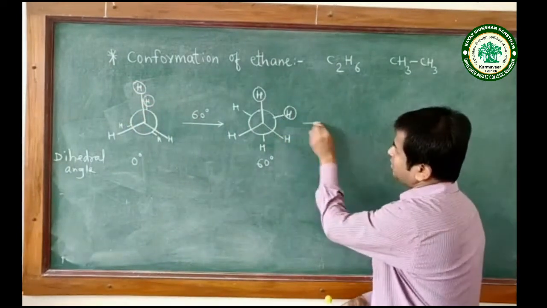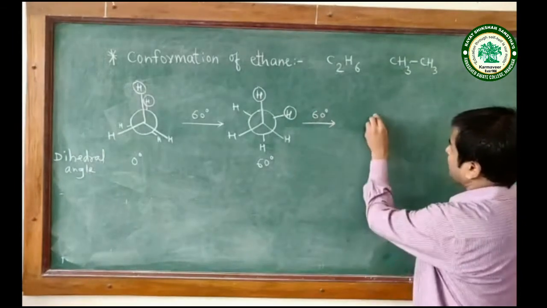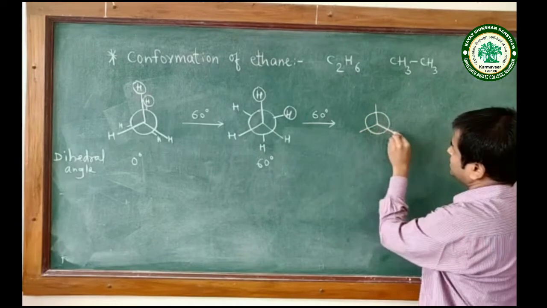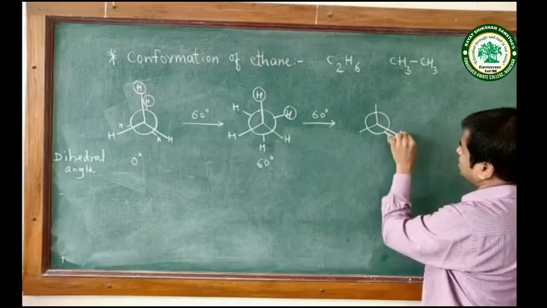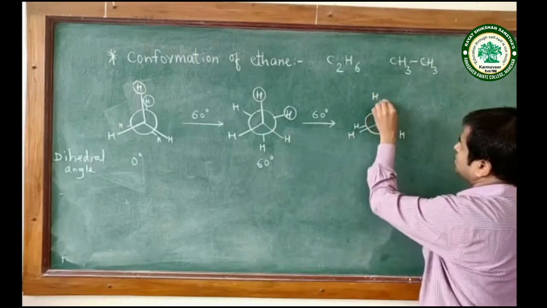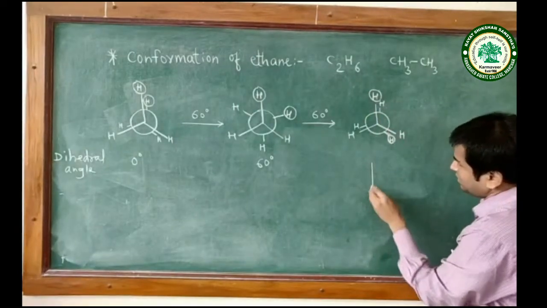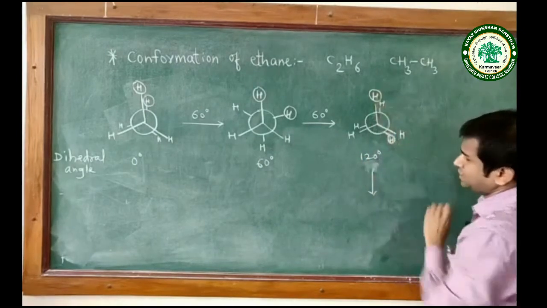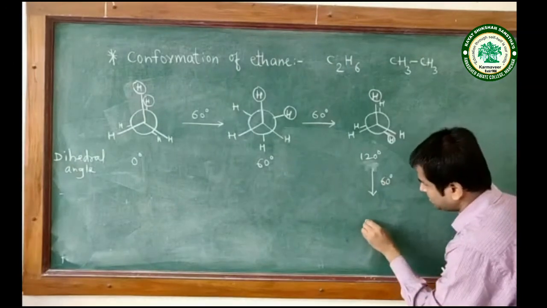Okay, again we rotate by 60 degrees. We get the structure like this. Again rotate the structure by 60 degrees; here the dihedral angle is 120. Again rotate by 60 degrees.